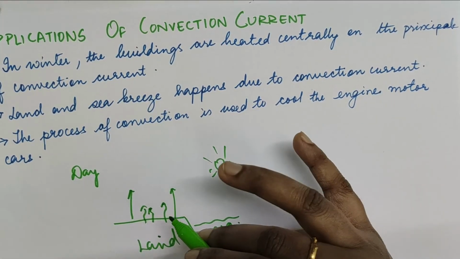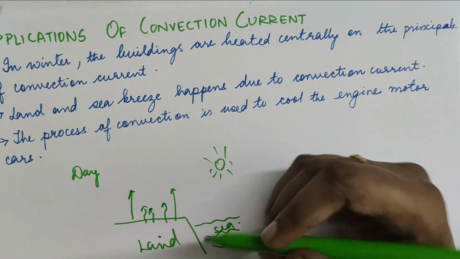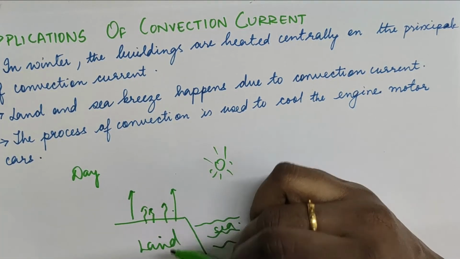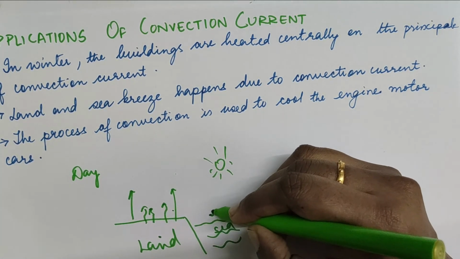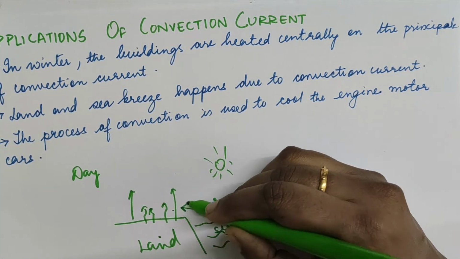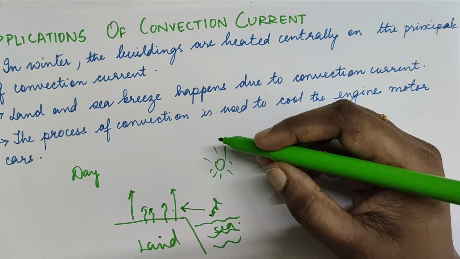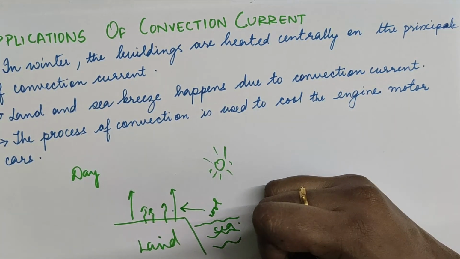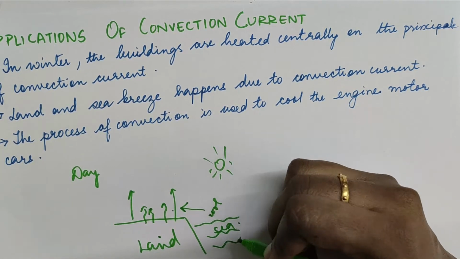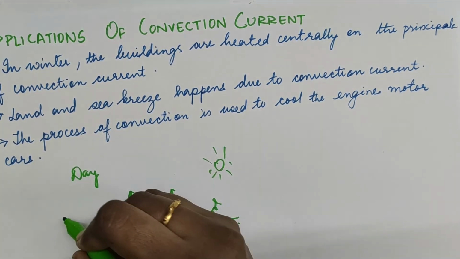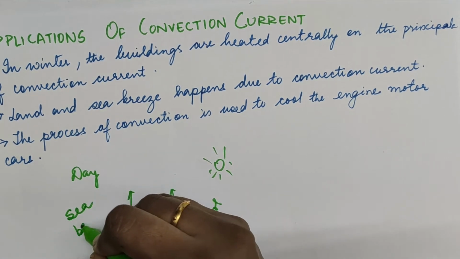It doesn't go to the side, it goes up when heated. The cool air from the sea moves towards the land to take its place. As the air moves from the sea towards the land during the daytime, we call that a sea breeze.